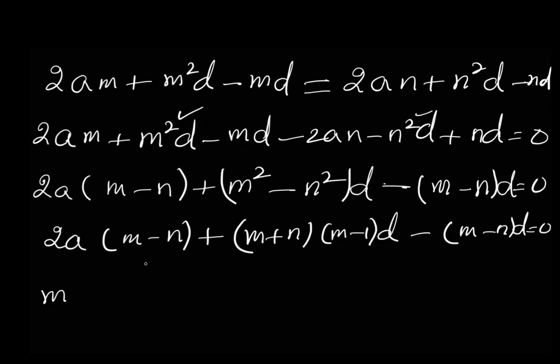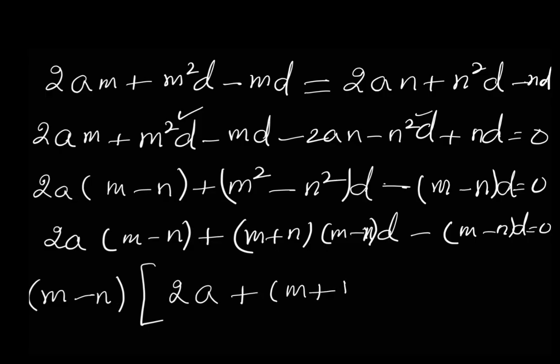See, 3 terms are here. 1, 2, 3. In all the terms we have m minus n common. So take it outside. Inside the bracket you will get 2a plus m plus n into d, and m minus n we have taken outside, so just d alone is left here, equal to 0.